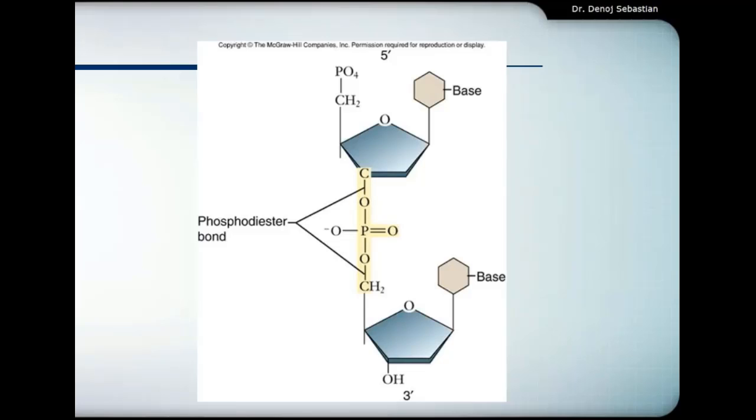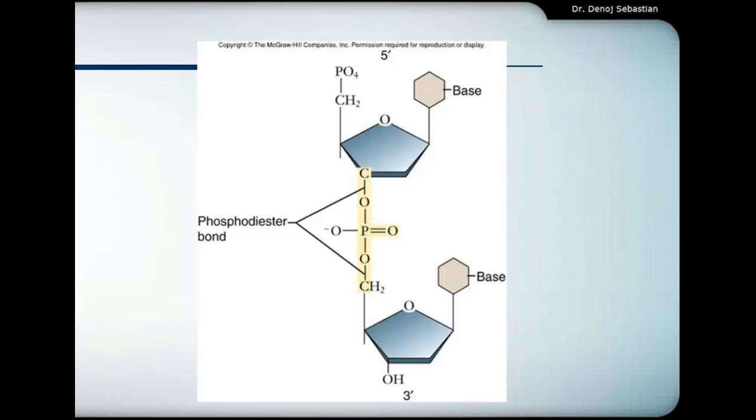In my previous question that I raised, I asked you why we are using deoxyribose in case of DNA and ribose in case of RNA. Can anybody tell me why we are using deoxyribose in case of DNA and this ribose sugar in case of RNA?